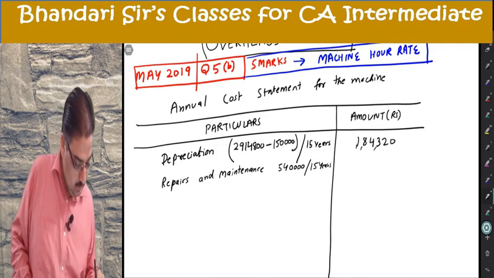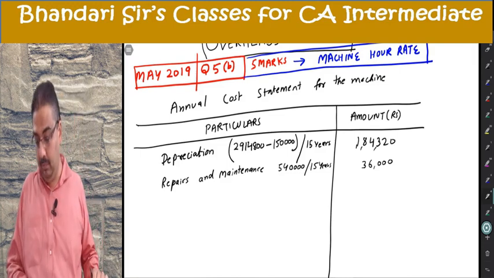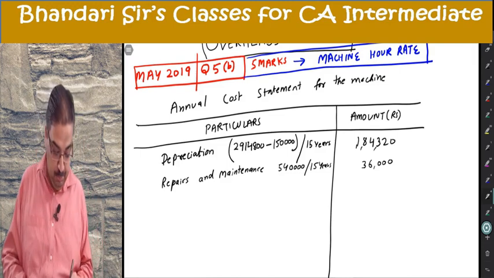What I am getting is 36,000 rupees, 36,000 annual.